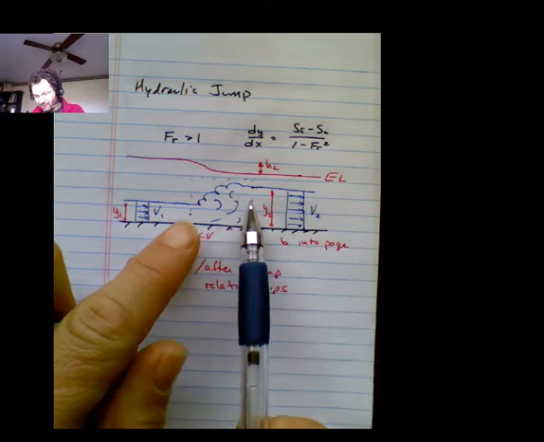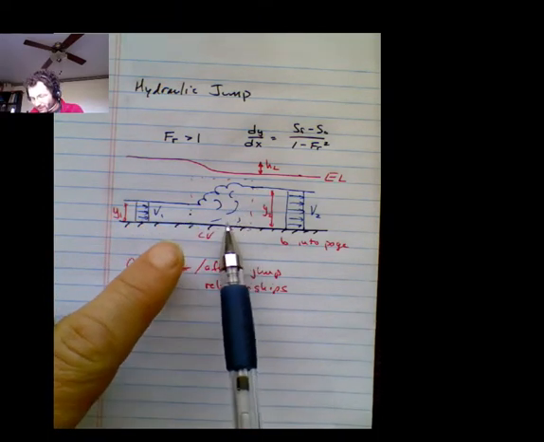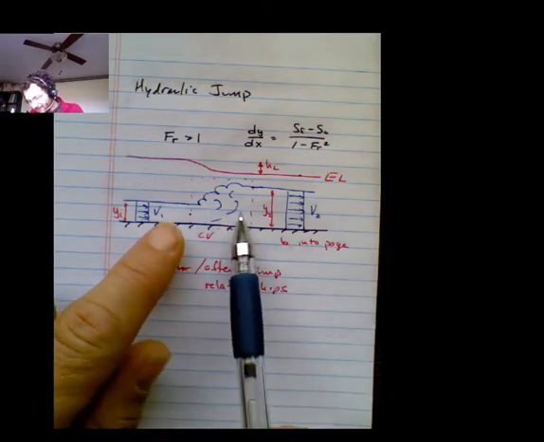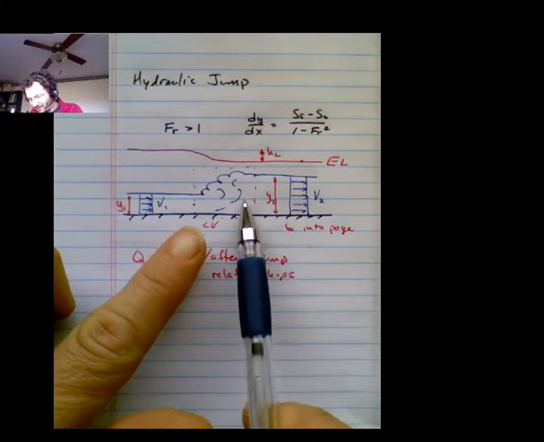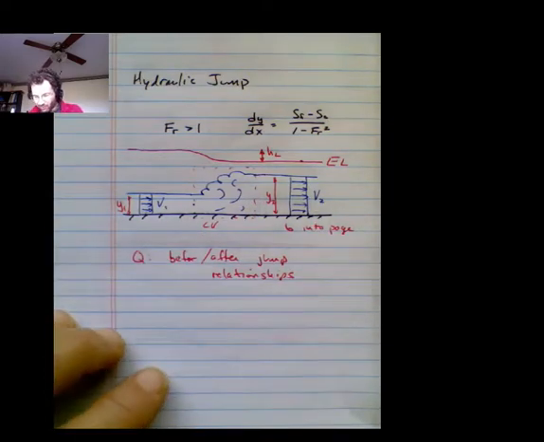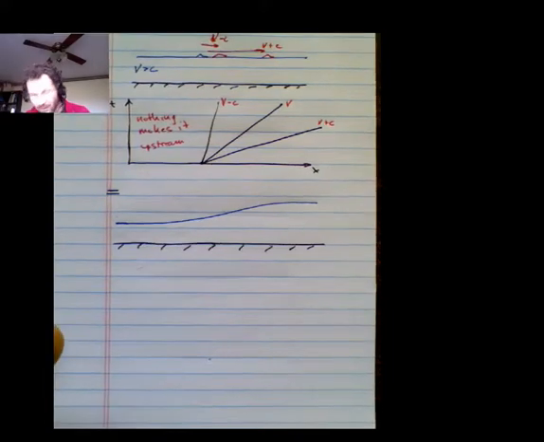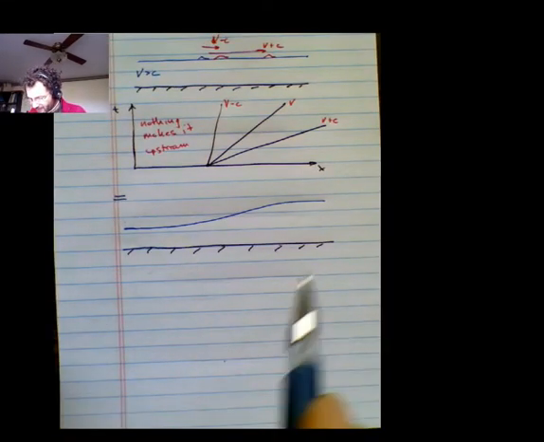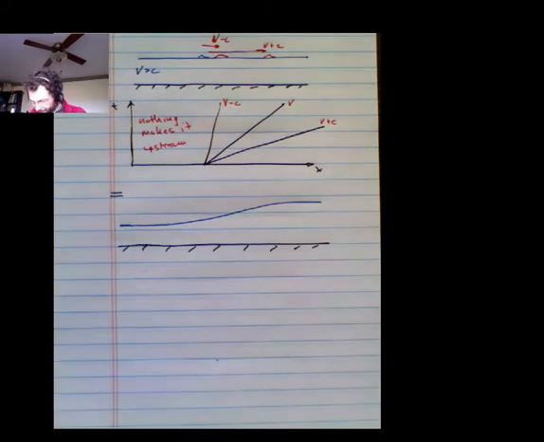Why does it happen all in this range? Nothing about this analysis told us that. We just said, well, let's analyze this shape and it looks like this, but why is it short? Why does it happen on the scale of the depth? Why doesn't it happen on the scale of the entire river and we don't notice it at all? That's one of the main questions I wanted to answer in addition to giving you this extra perspective. And so let's say it happens over an expanded region here.